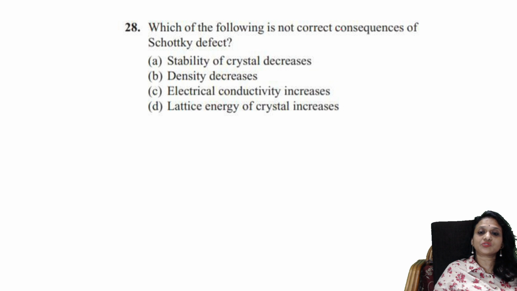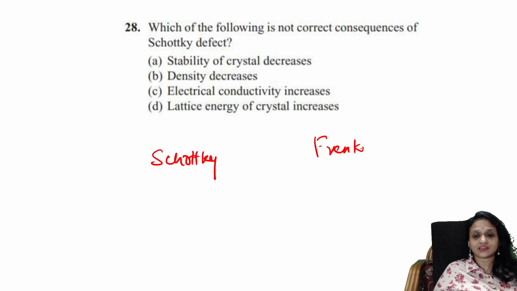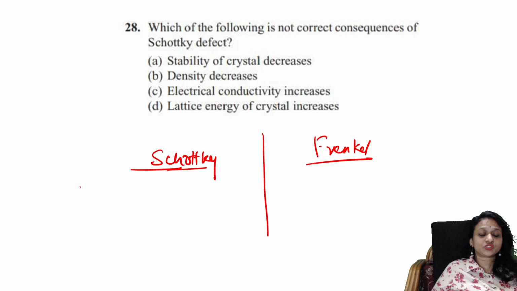All right. Next important thing. Which of the following is not the correct consequence of Schottky defect? Right, students. See here, there is a defect called Schottky, and there is a defect of Frenkel. So always make one table like this. What happens to density? What happens to the crystal?